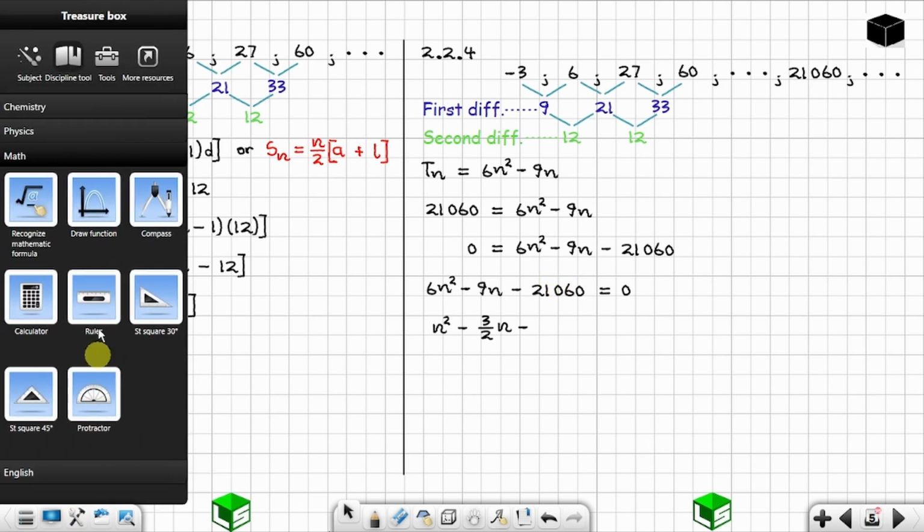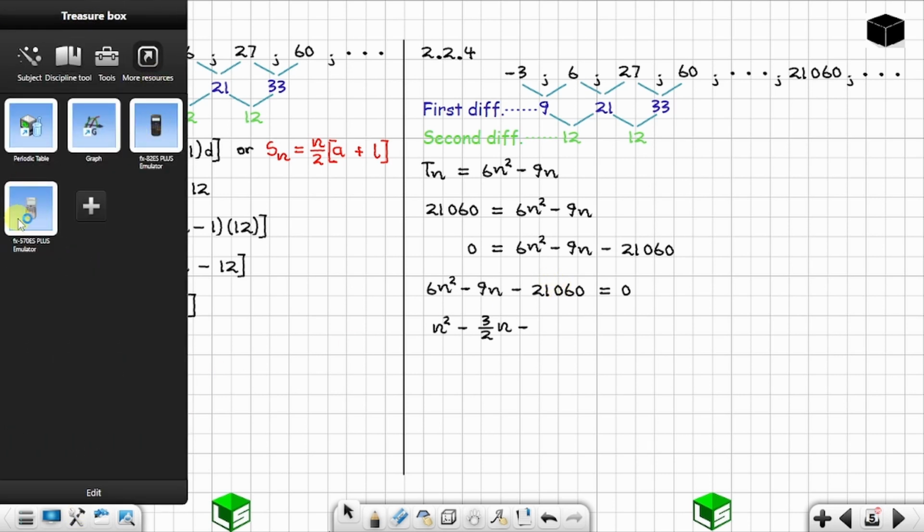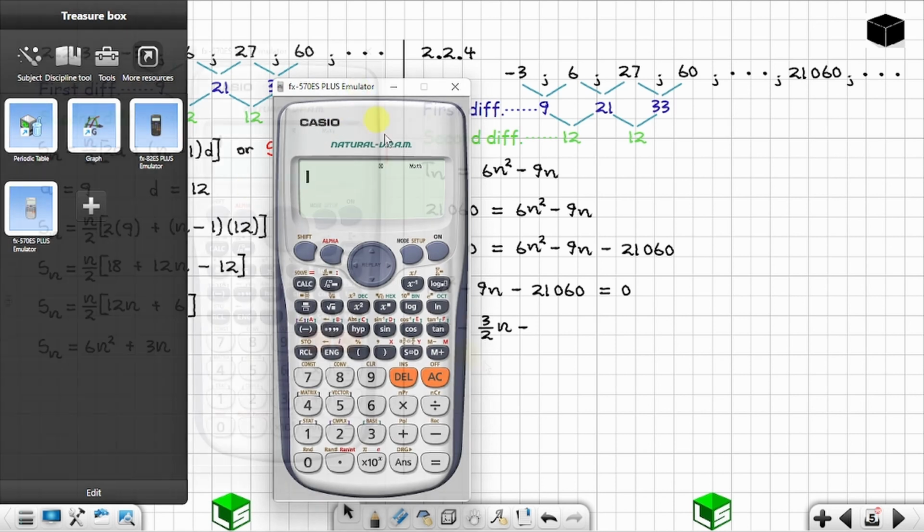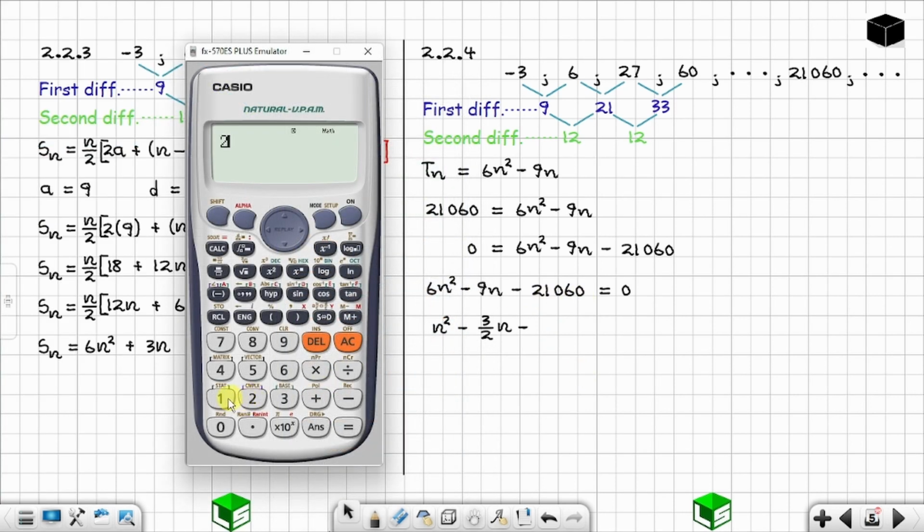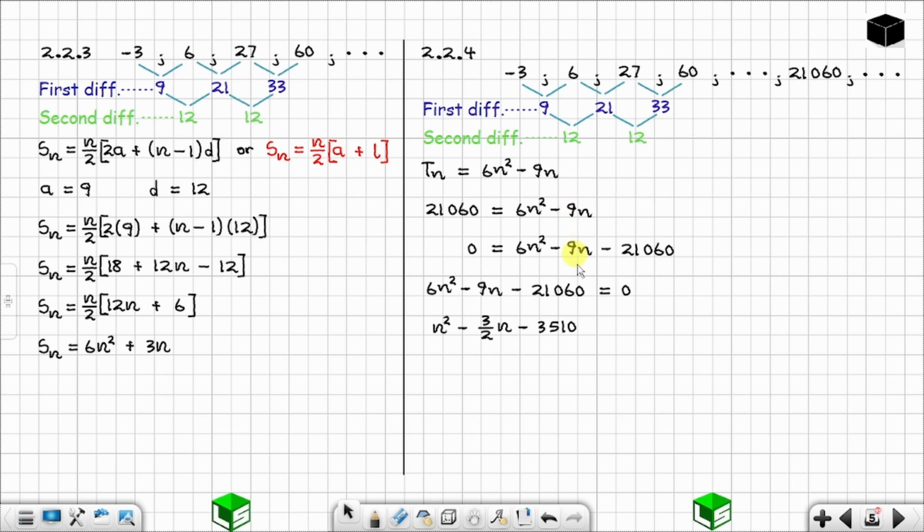You can use your calculator, don't stress. You are dividing by 6 throughout. This is the answer, equal to, you divide 0 by 6, it's 0. So you divide by 6 throughout, you have this.